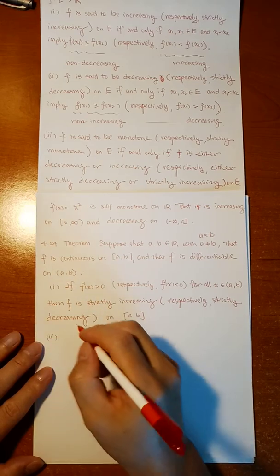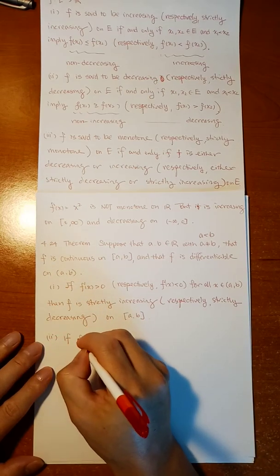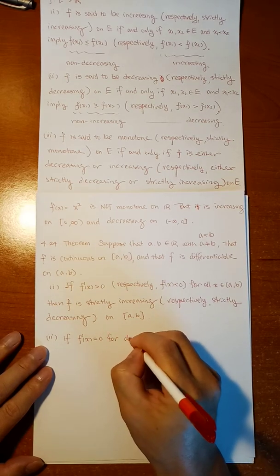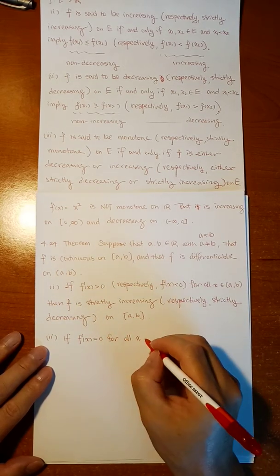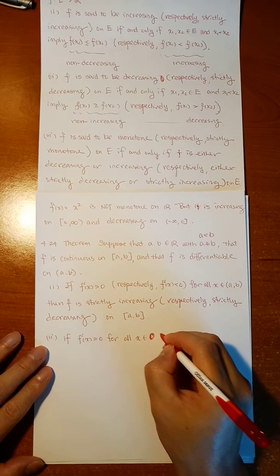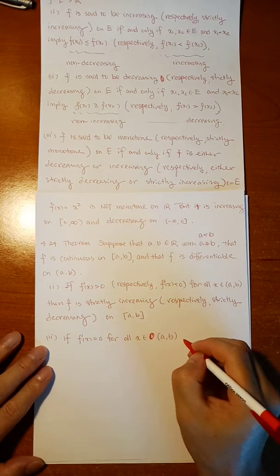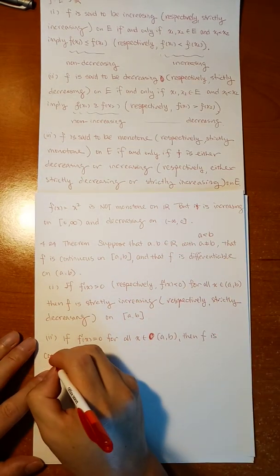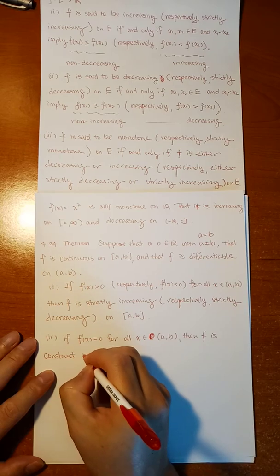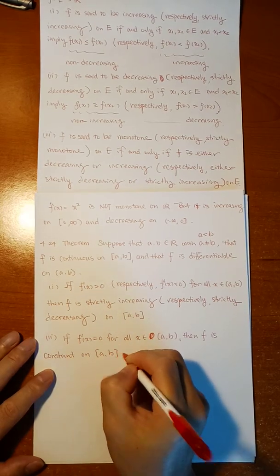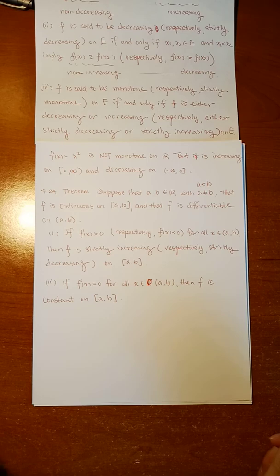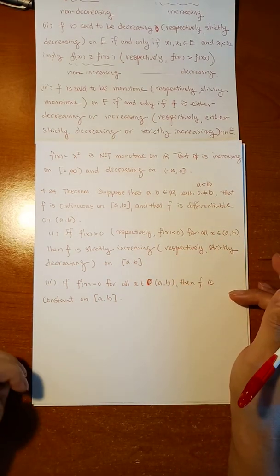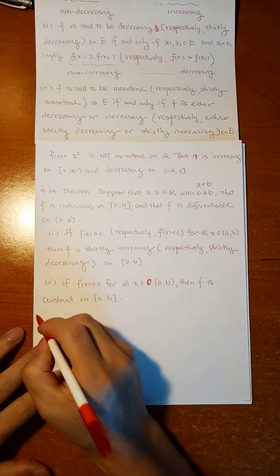Second, if f prime of x is equal to 0 for all x in the open interval (a, b), then f is constant on [a, b]. This is exactly the application of the mean value theorem.